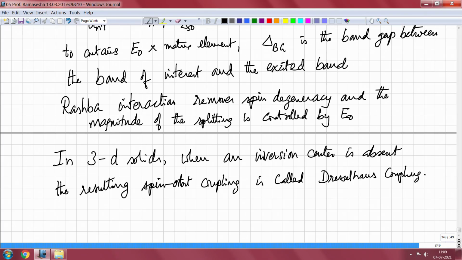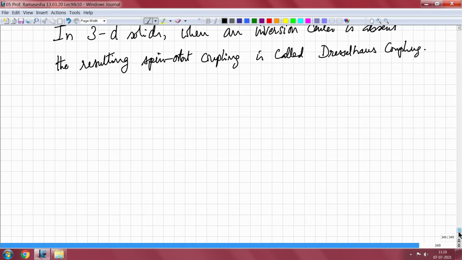So, with this I have completed the spin orbit interactions and the time reversal symmetry as well as the inversion symmetry present in the system and how they actually result in different kinds of splittings of the states.